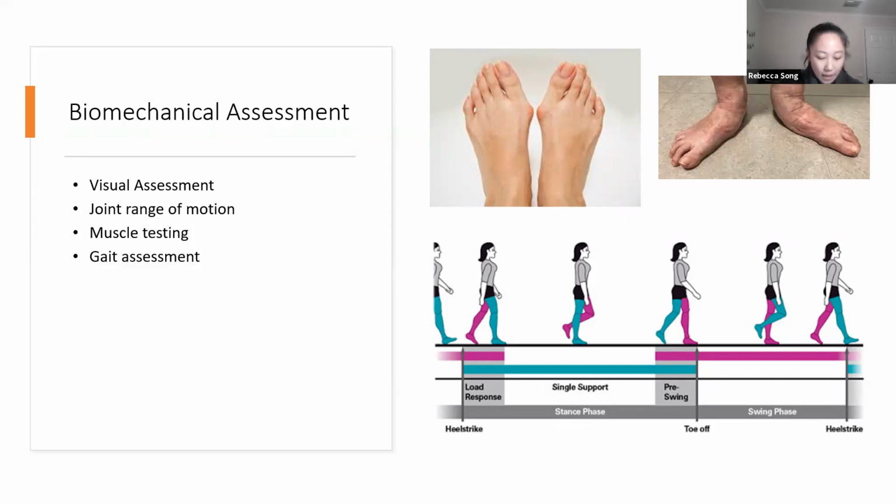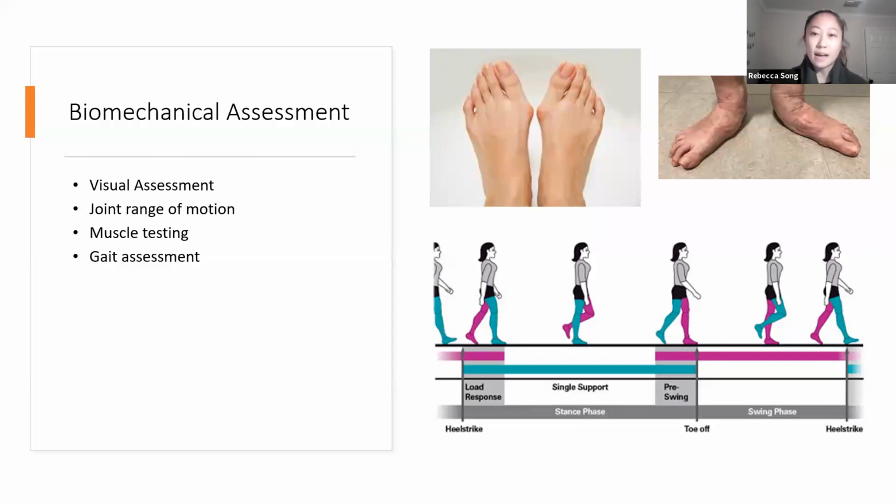We look at the range of motion in the joints, such as the ankle joint and the subtalar joint. The big toe joint is also a very important one, because when we walk, we usually push off the big toe joint. If you don't have enough range of motion in that, you might be compensating and pushing off the second or third toe, which over time could lead to stress fractures too.